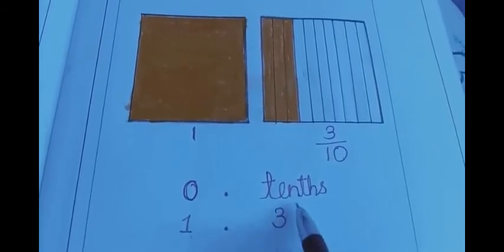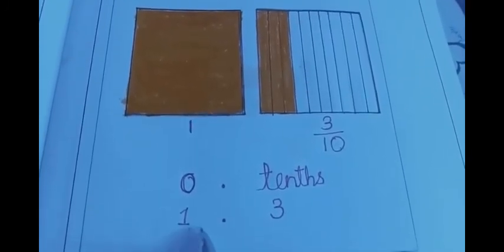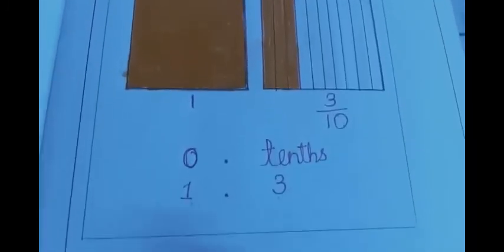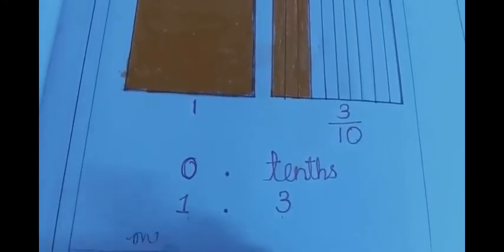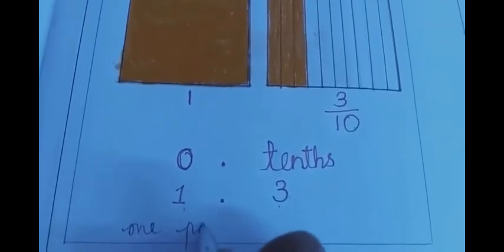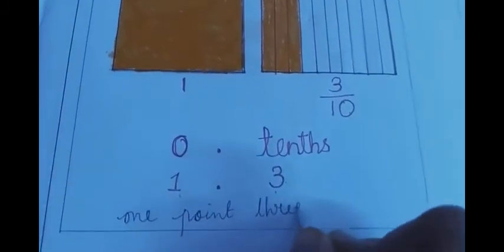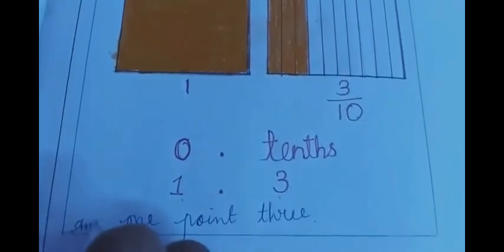So in tenths we have 3, in ones we have 1. So when we read it, how will we read? 1.3. When we write, we write it as 1.3. This is the way we write the answer.